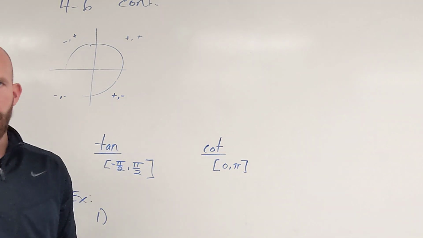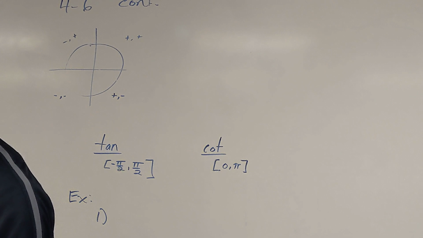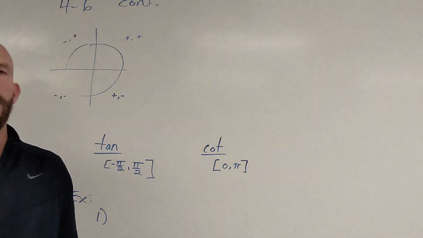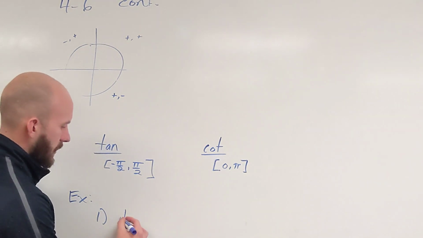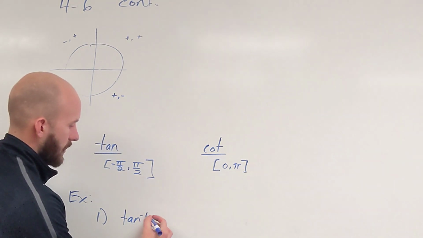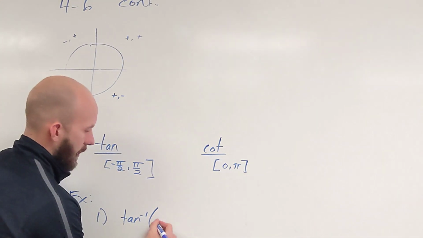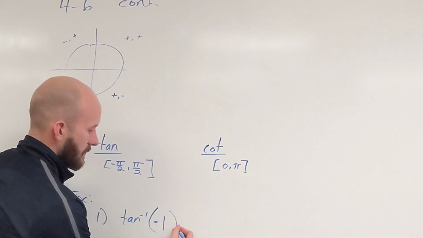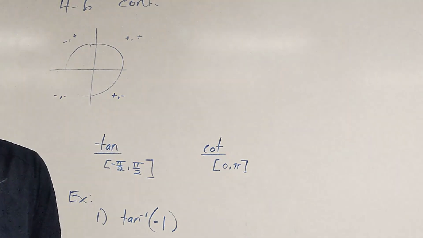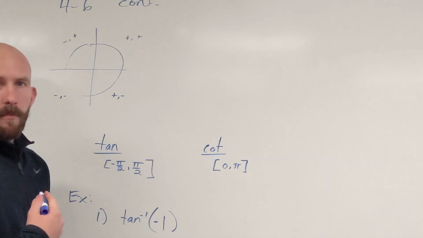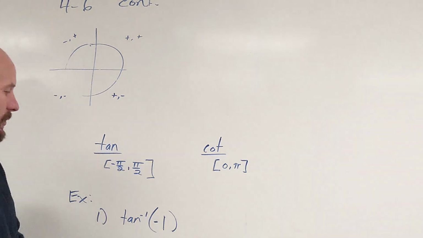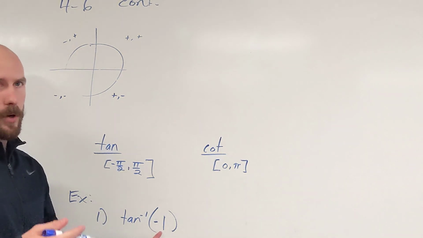We're going to go through some examples here, and I think the most difficult part is going to be when we have negative values. So let's start with tangent inverse of negative 1. My answer has to be an angle. First off, where is tangent negative? What quadrant?